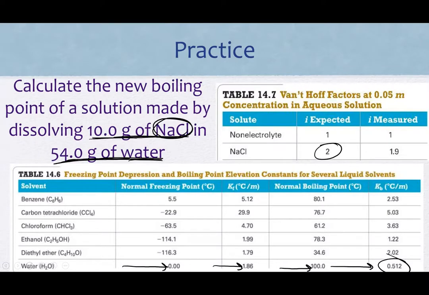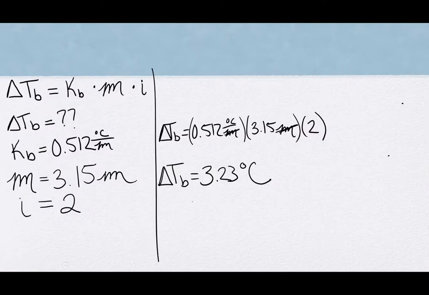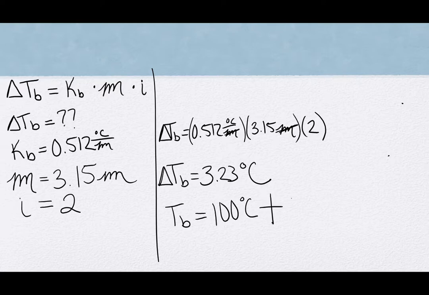Is it asking us for the change in the boiling point? No, it is asking us for the new boiling point. So the old boiling point of pure water is 100 degrees Celsius. So the new temperature at which this is boiling is going to be 100 degrees Celsius plus the change, 3.23 degrees Celsius.